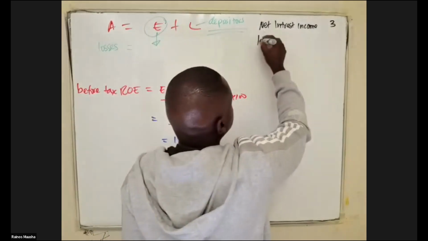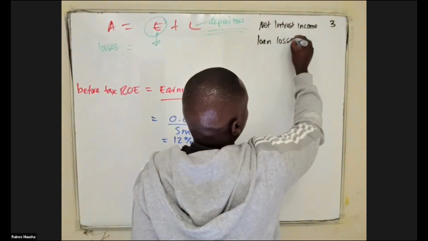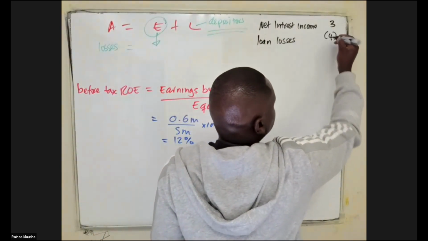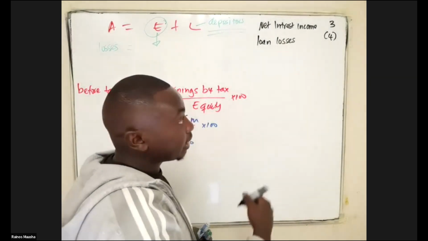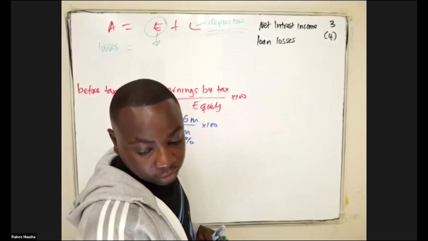Our loan losses are now going to be equal to 4 million, because they're increasing by 3.2 million from 0.8 million to 4 million.